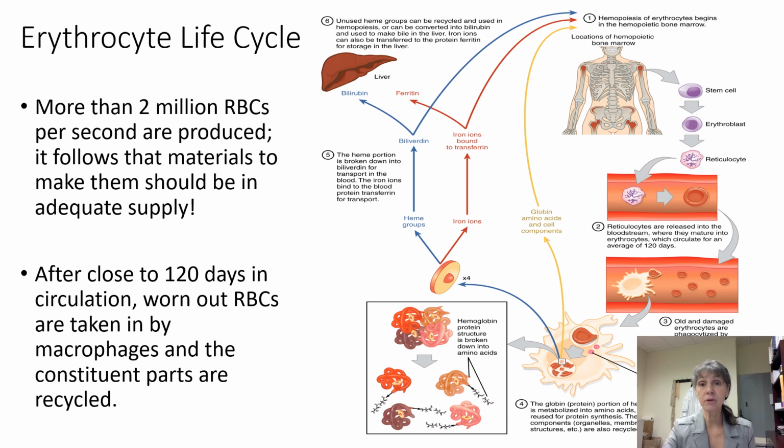And bilirubin will bind to albumin in the bloodstream, and it will travel in the blood to the liver, which will use that to create bile. And bile will eventually be released into the digestive tract from the gallbladder.